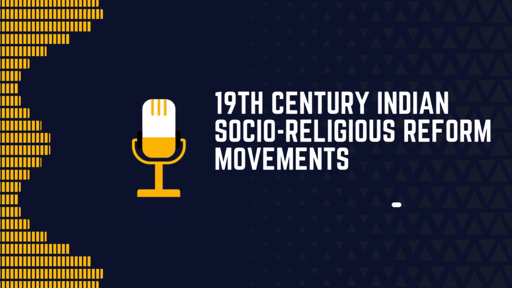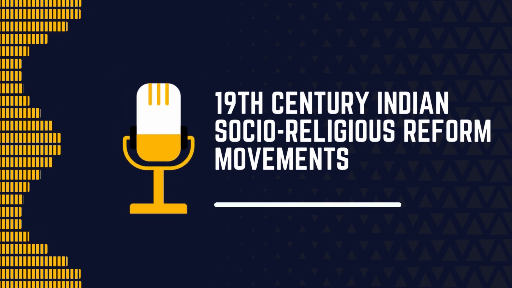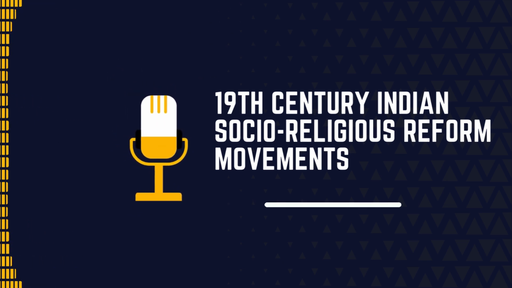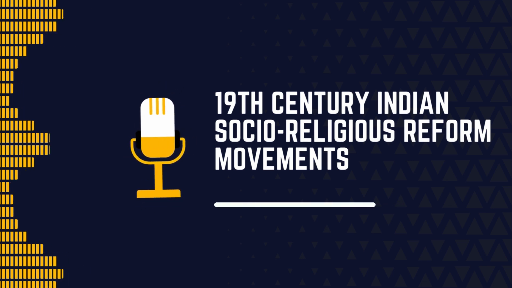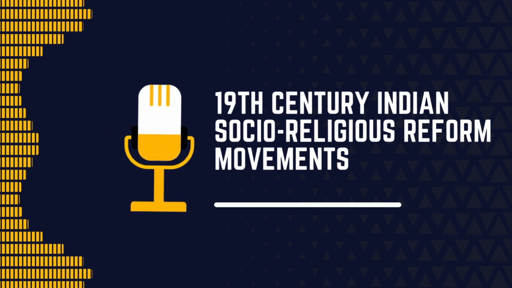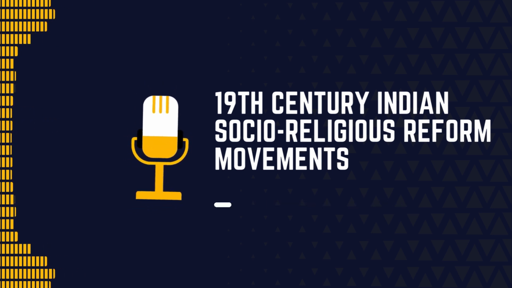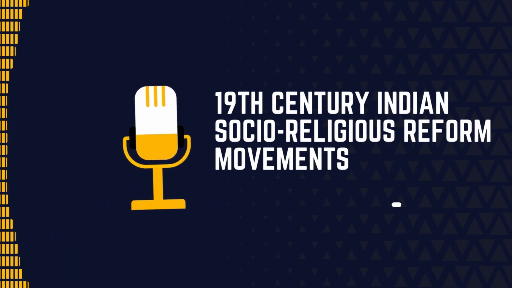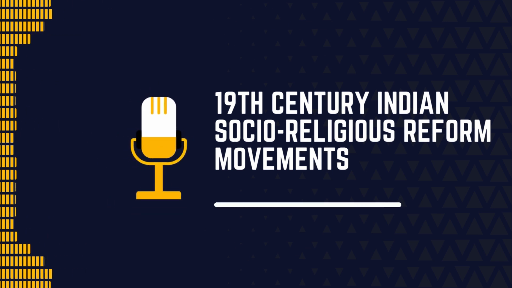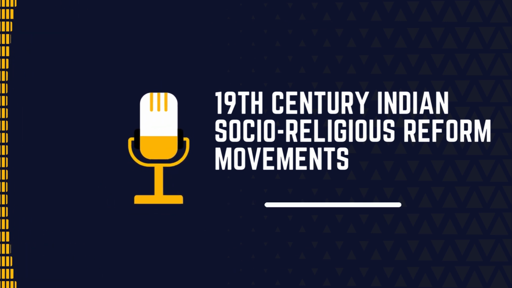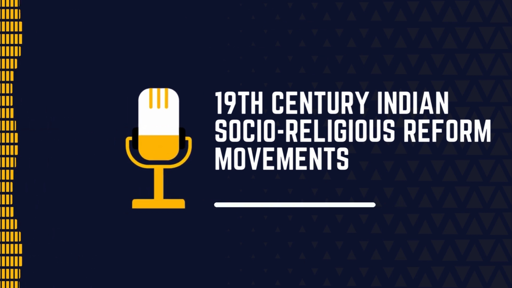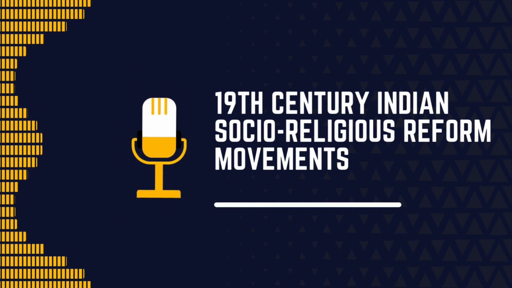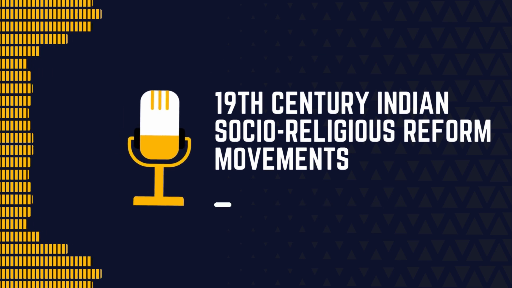Take the Brahmo Samaj, founded by Raja Ram Mohan Roy. They're really focused on promoting monotheism and social reform, especially for women's rights. And then you have the Arya Samaj, founded by Swami Dayanand Saraswati, and they placed a strong emphasis on Vedic authority, advocating for a return to the pure essence of Hinduism. So different approaches, different interpretations, but all aiming for reform.